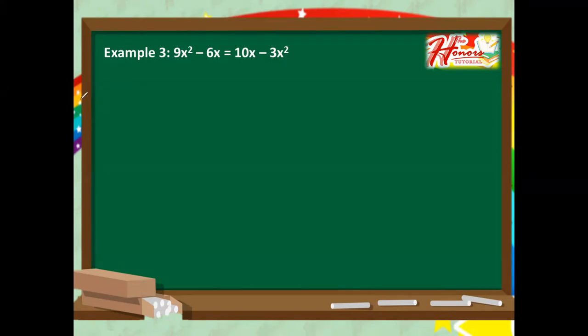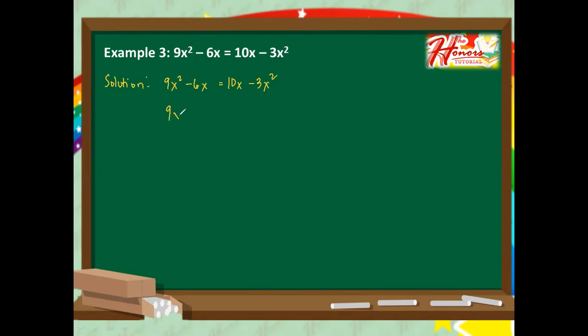Let's write solution. Copy 9x squared minus 6x equals 10x minus 3x squared. And then let's combine like terms here.